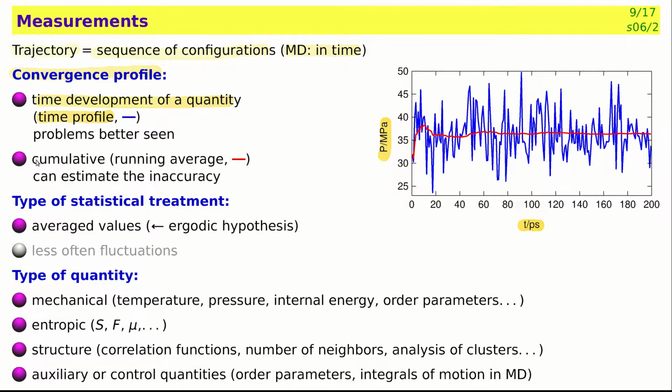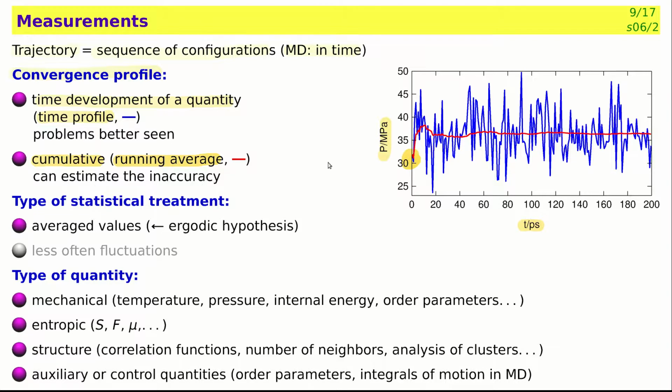Some people like the cumulative time profile or convergence profile. It is the running average from the start of the simulation. So you can see that here at the very start the point is the same, and then it follows the average of everything. So it does converge.